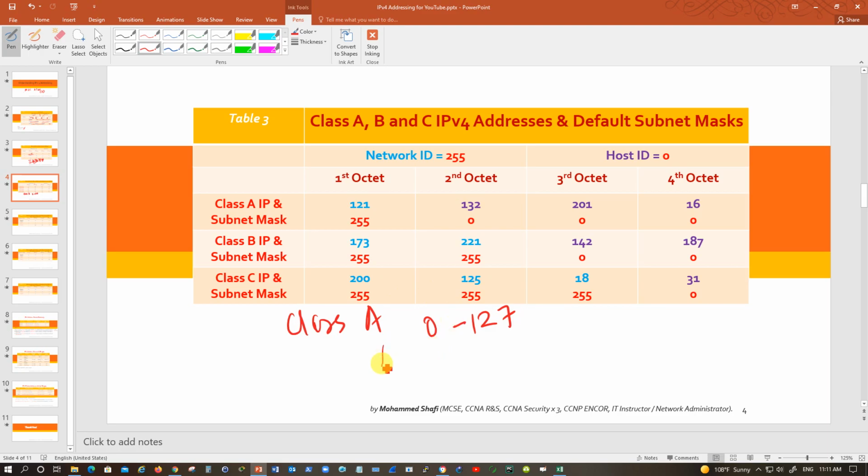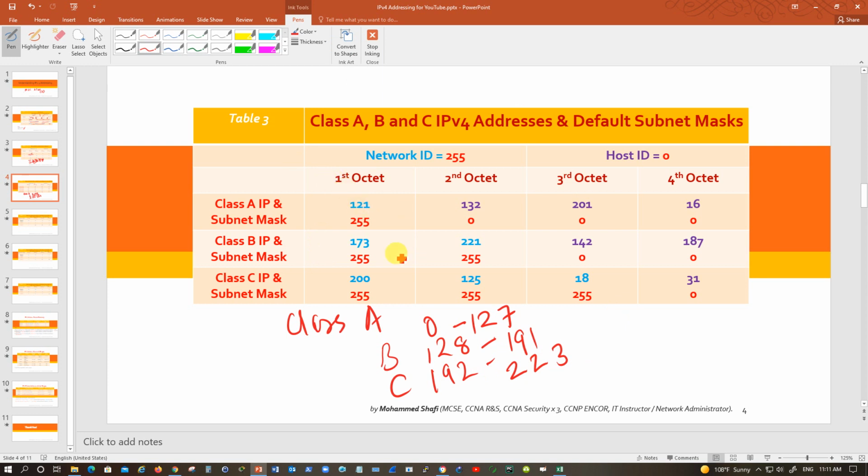Okay, B has a range of IP addresses starting from 128 to 191. C has 192 to 223. This is only for the first octet. Okay, you have to remember that this is only for the first octet.